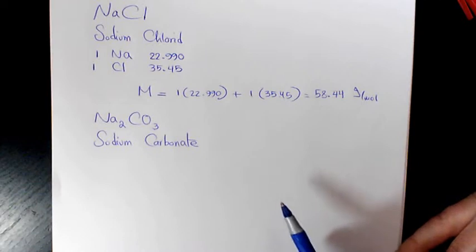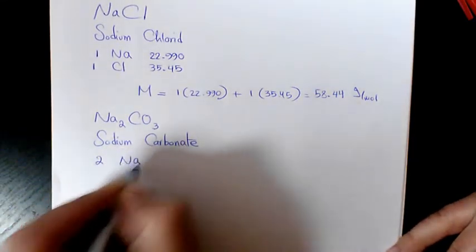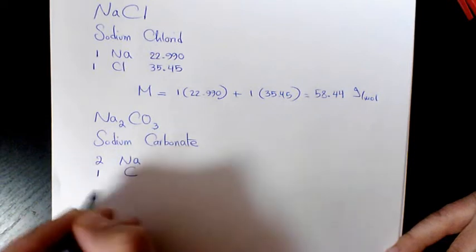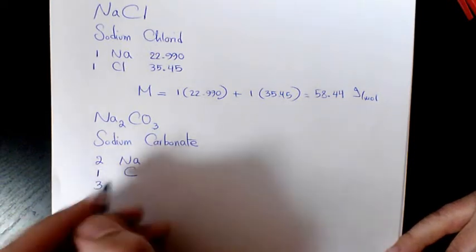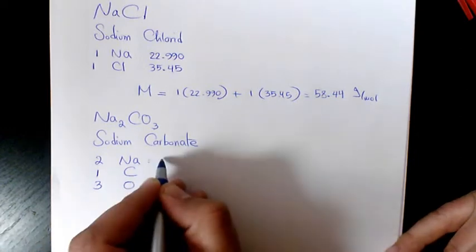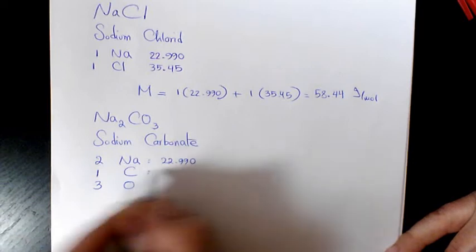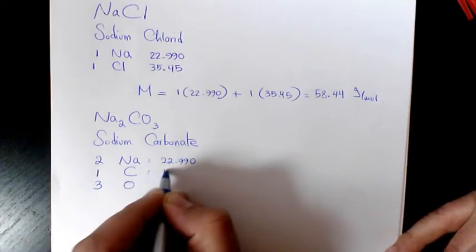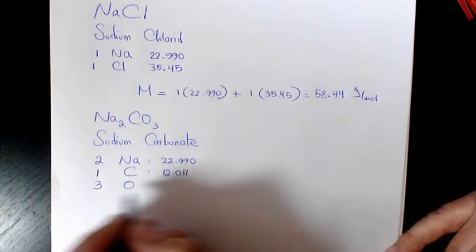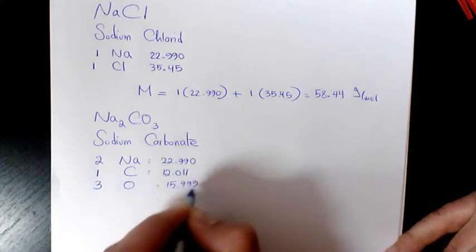So now let's look at the molar mass of sodium carbonate. First of all, we have 2 sodium atoms, 1 carbon atom, and 3 oxygen atoms. Sodium is 22.990, carbon is 12.011, oxygen is 15.999.